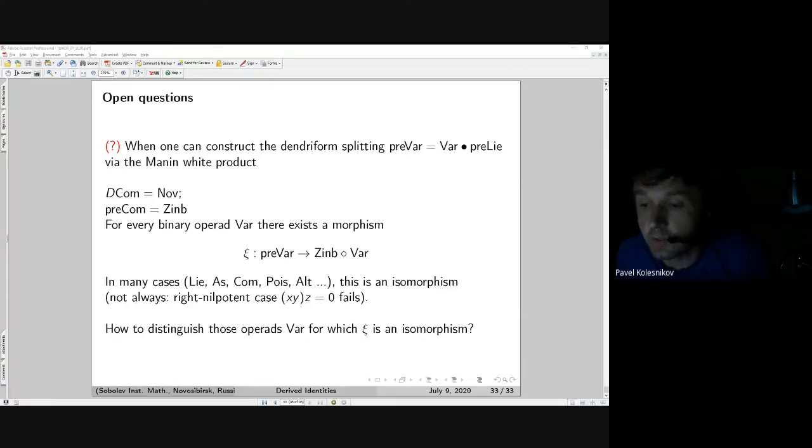The splitting is a very algorithmic procedure, and calculation of the white product is also algorithmic. But the dimension is, of course, higher, because in degree 4, the enveloping space for solving the linear algebra problem has much higher dimension.